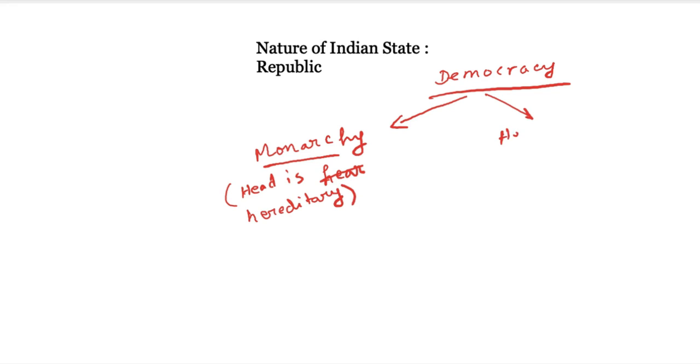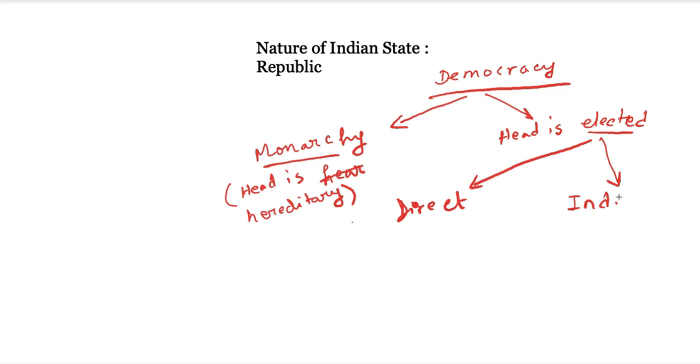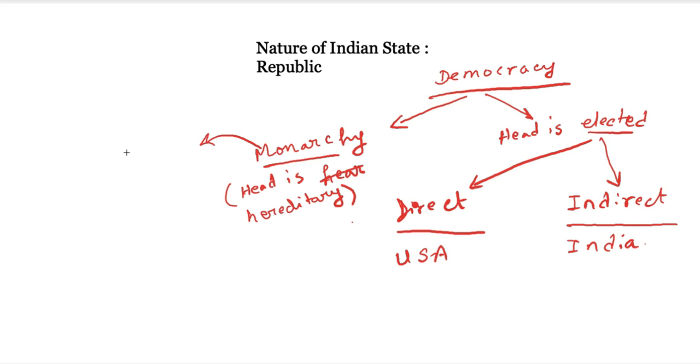Other, the head is elected. Election may be direct election. Election may be indirect election. Direct election is USA. Indirect election is India. Monarchies, let's say UK, Nepal, Denmark.